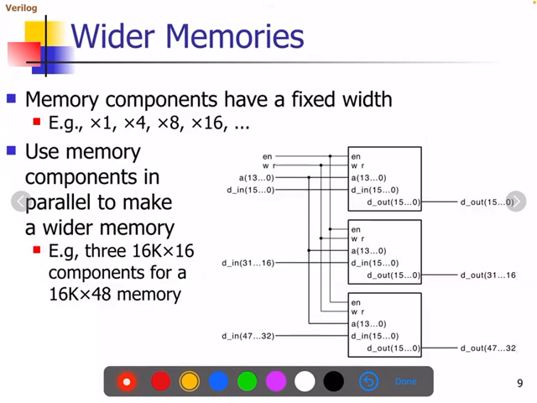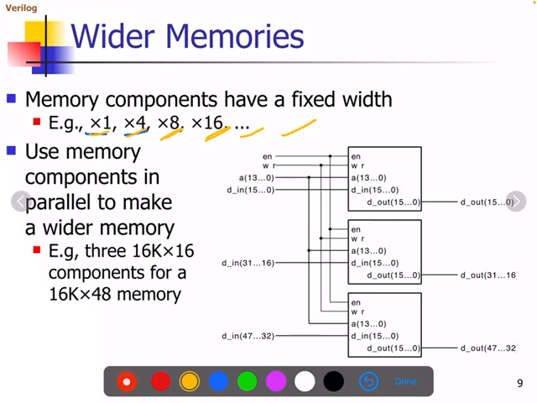Next, suppose I want bigger memories, how do we accomplish that? Rather than manufacturing a bigger memory, which is not a cost effective solution, we can build bigger memories by using smaller memory components, like by 1, by 4, by 8, 16, 32, 64, where fixed size memories are available.